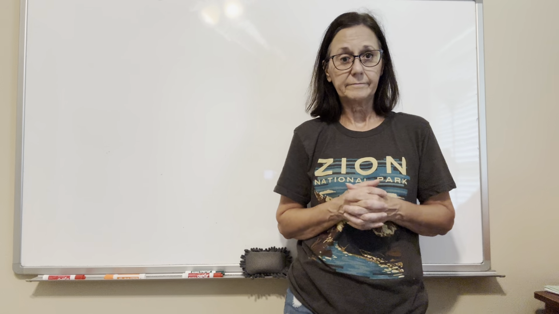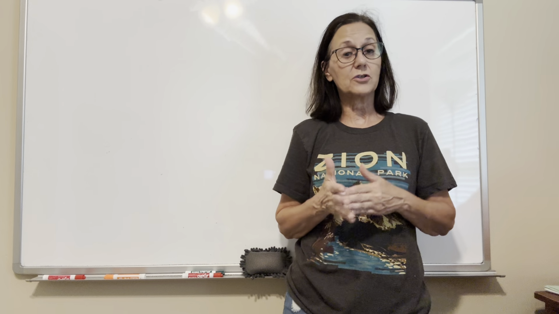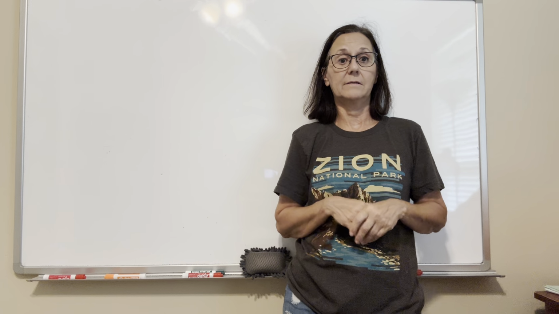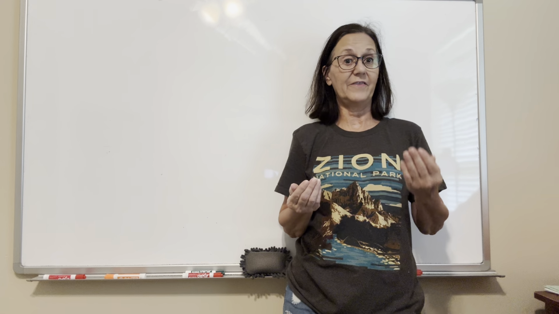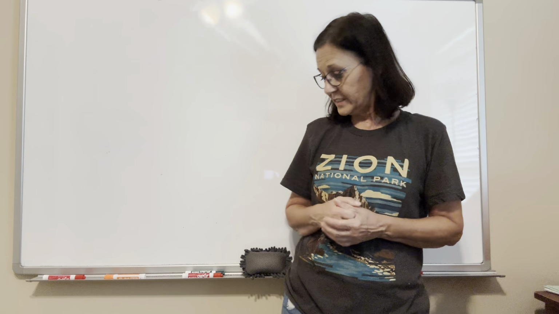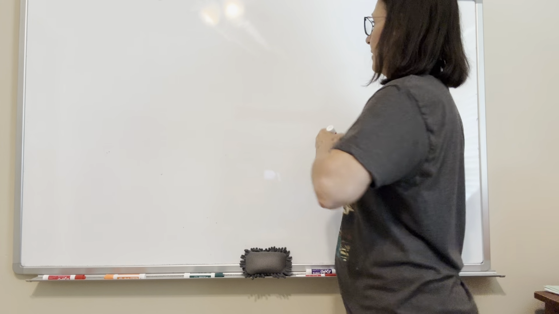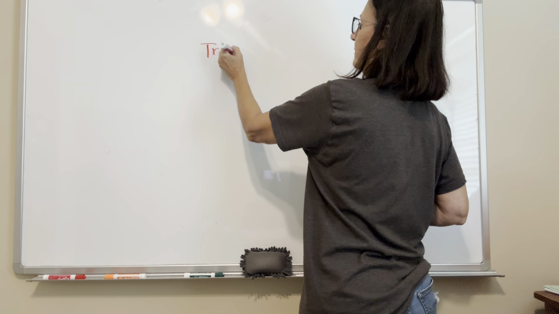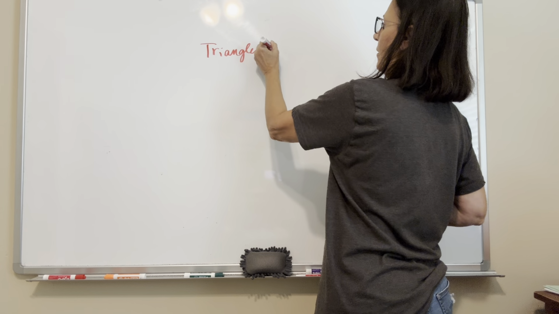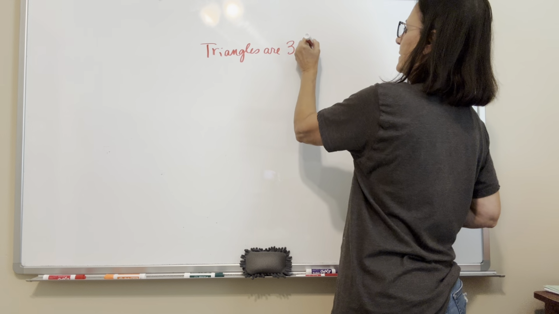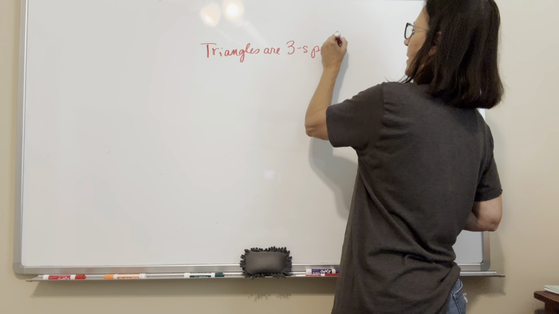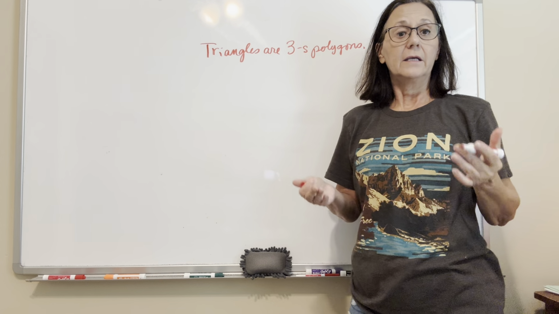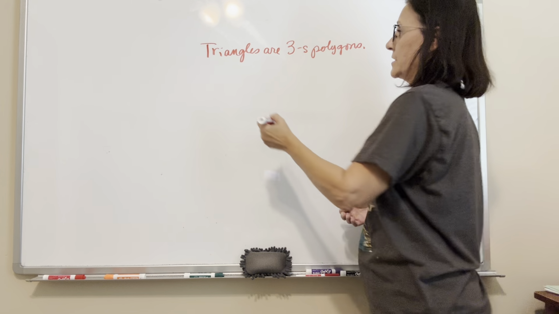You've got to be able to construct a conditional statement from a sentence. Your conditional statement is the if-then. For example, if I tell you triangles are 3-sided polygons, can you write a conditional statement?